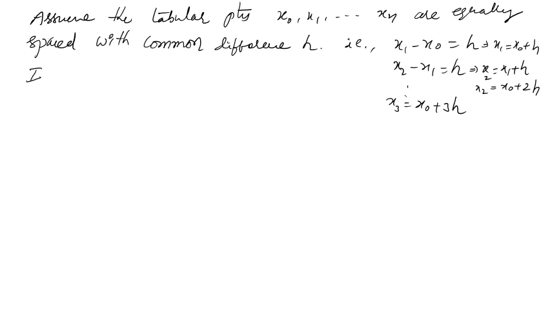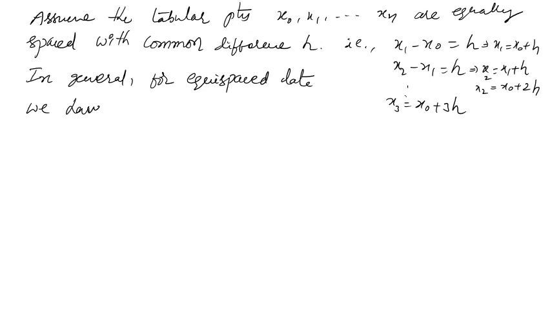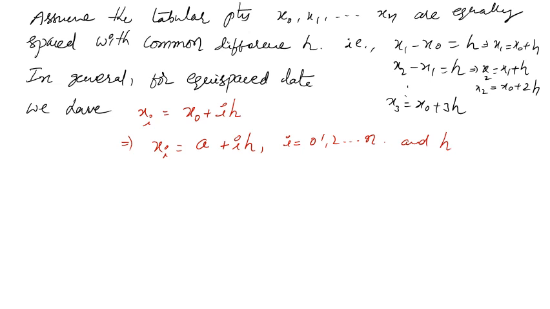In general, for equispaced data, we have xi equal to x0 plus ih, that is a plus ih, where i is 0, 1, 2 and so on up to n, and h equals the length of the interval, (b minus a) by n.